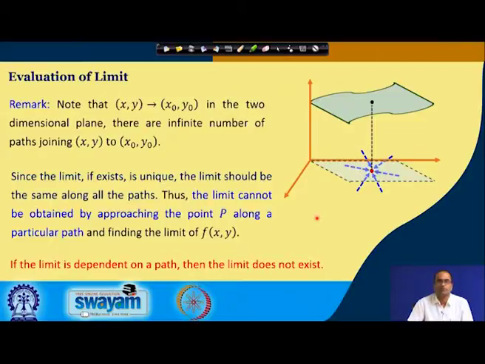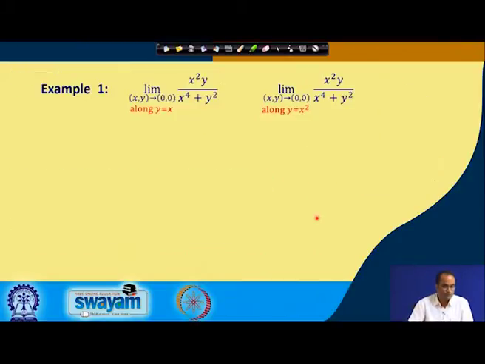So, now we will see some possibilities for finding the limit of a function f(x, y) as (x, y) approaches some particular point. For example, consider the function x squared y over x to the power 4 plus y squared, with (x, y) going to (0, 0) along the path y equal to x, and second, again the same function with (x, y) going to (0, 0) along the path y equal to x squared.